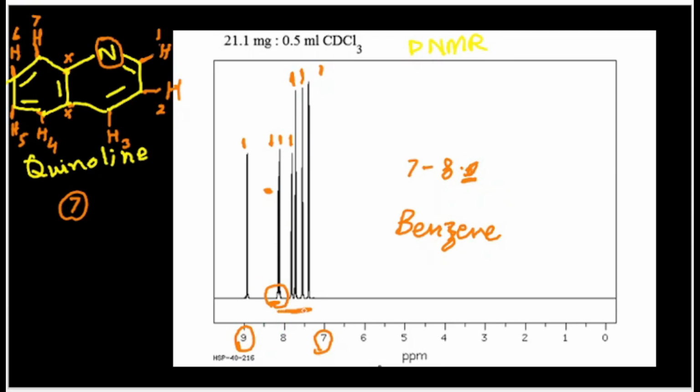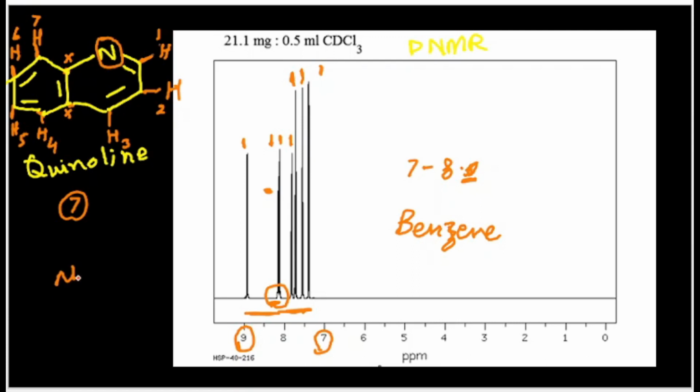Here the peaks show values in the 7 to 8 ppm range, but these 3 to 4 peaks show above 8 ppm shift values, and this is because the nitrogen is present in the neighbor. What does it do? The nitrogen is an electronegative atom.